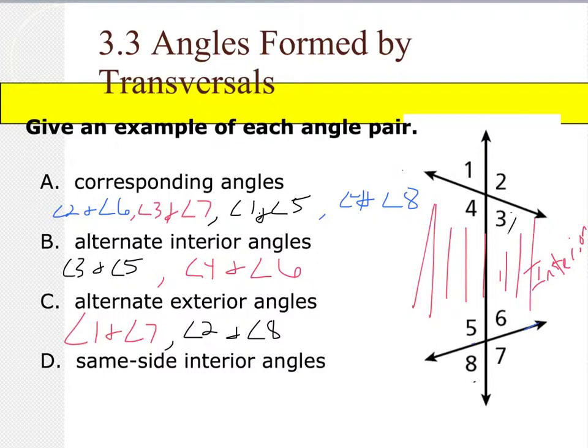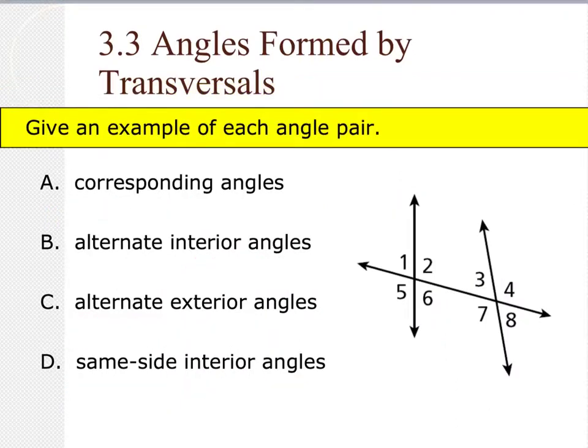So two angles on the same side of our transversal would be angle 3 and angle 6. And last but not least, angle 4 and angle 5 would also be same side interior. Okay, so those are your same side interior angles.